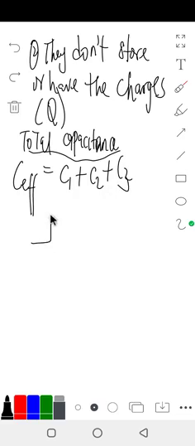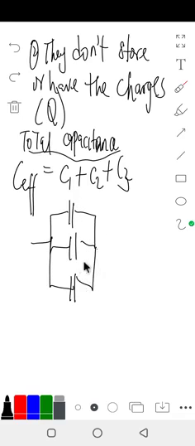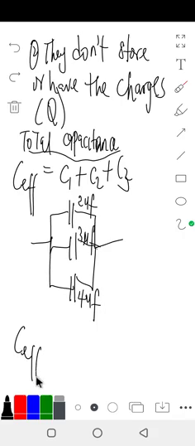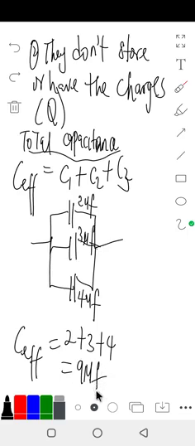For example, let me assume you have 3 capacitors in parallel. Let me say this one is 2 microfarad, this one is 3 microfarad, this one is 4 microfarad. If the question says calculate the effective, total, or net capacitance, the answer will be 2 plus 3 plus 4, which is equal to 9 microfarad.